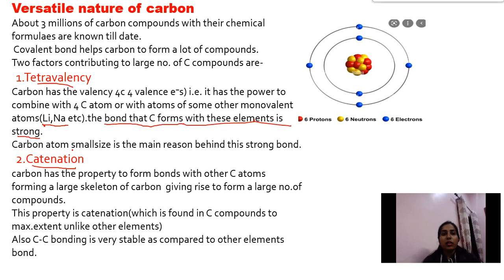And why is the compound formed by the carbon atom strong as compared to other element compounds?